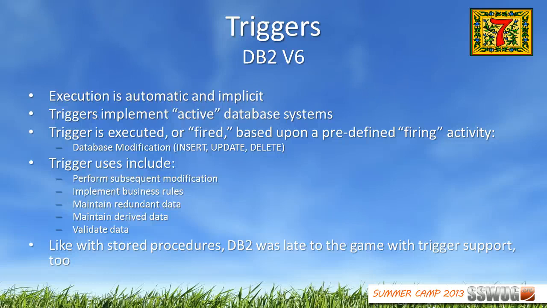Good uses for triggers: whenever you want to subsequently modify data, whether insert, update, or delete, to another table when an activity such as an insert, update, or delete happens, a trigger is a good way to do it. You can put your business rules there. If you've got redundant data, it's a good idea to have only one of the tables contain the data that's changed by the users, and the redundant data have a trigger that automatically manages it to be the same as the data that the users change.